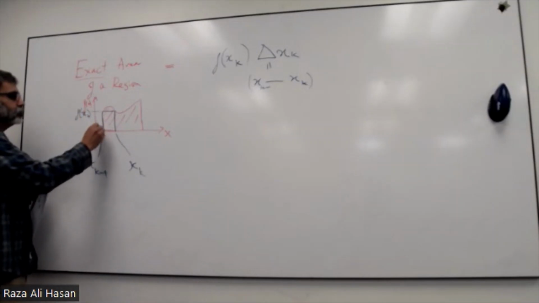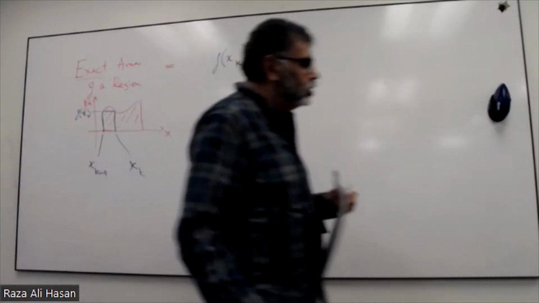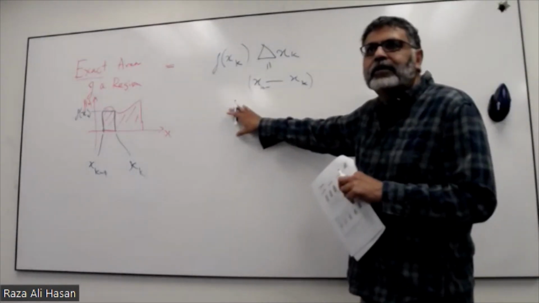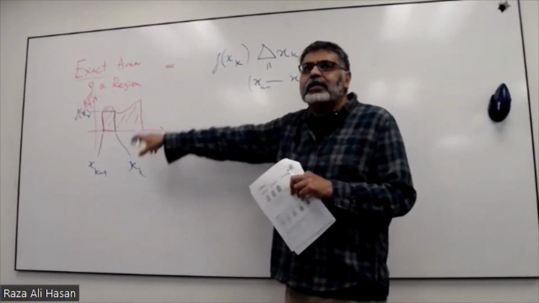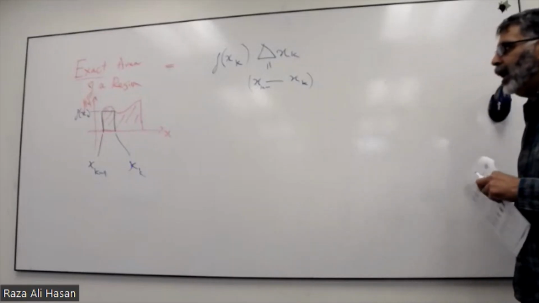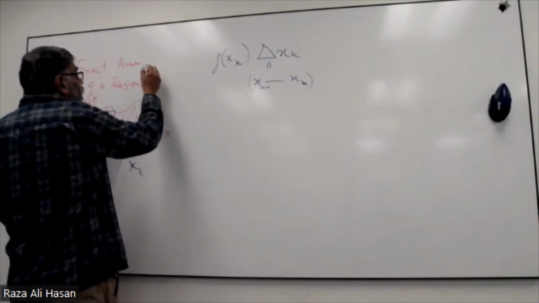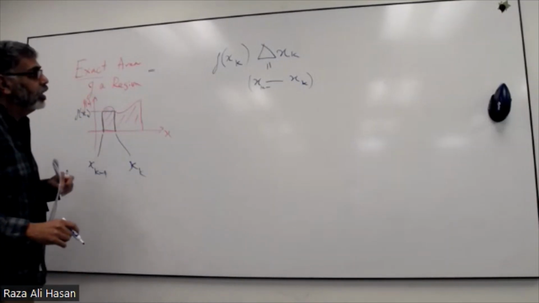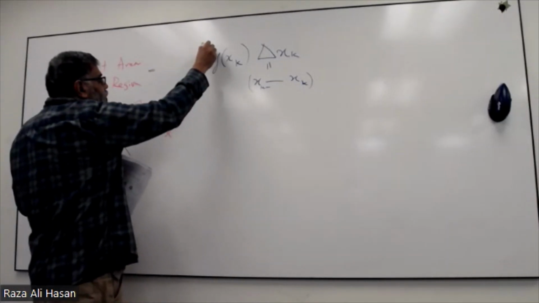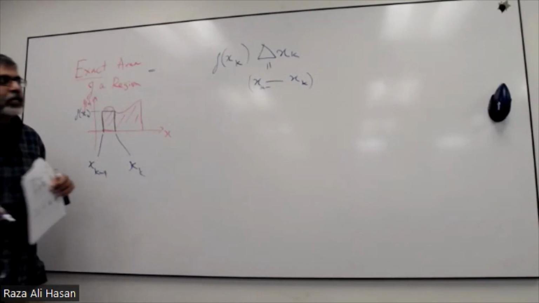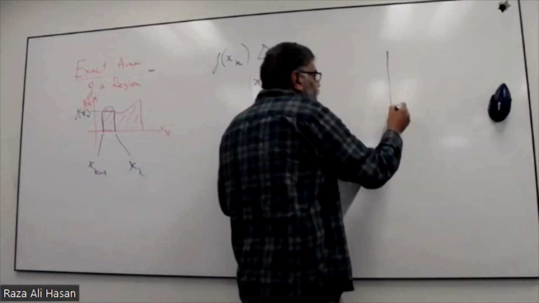So folks, this is the kth rectangle under the curve. And if we did this, what happens? So this just randomly is the kth rectangle. In other words, what this is just this thing here.